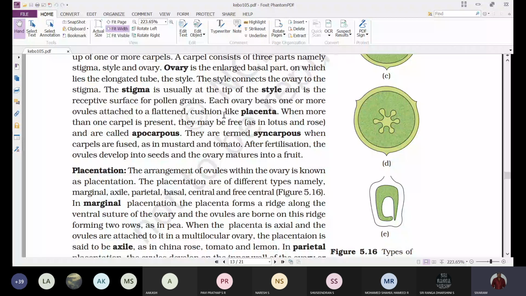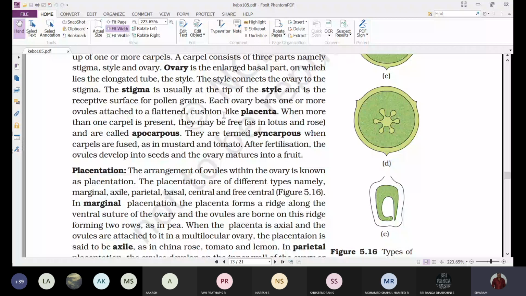If they are free, we say apocarpous. That means it consists of many carpels, but all the carpels are free, not fused. We say bicarpellary apocarpous or multicarpellary apocarpous if they are free. In Michelia, it is multicarpellary apocarpous.